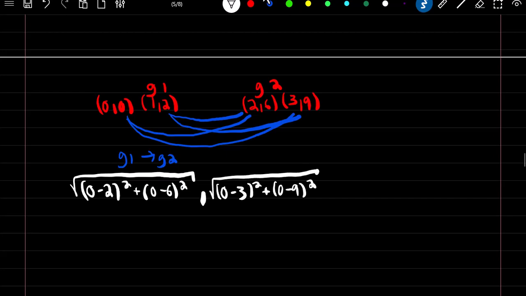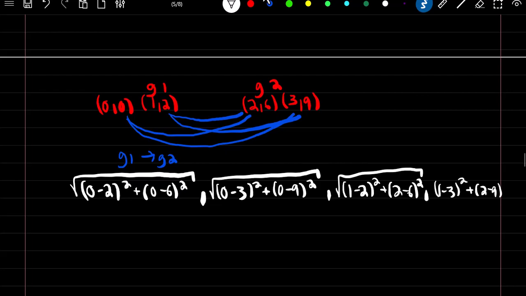We'll take the square root of it. Now our third choice, from observation 2 to observation 3. So 1 minus 2 squared plus 2 minus 6 squared, square root of it. And then finally from observation 2 to observation 4. So 1 minus 3 squared plus 2 minus 9 squared. I'll take the square root.